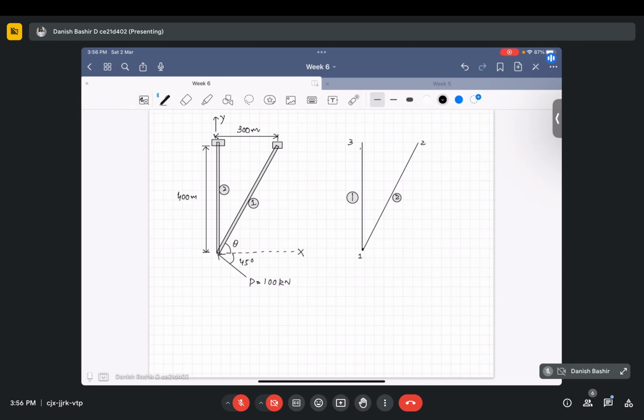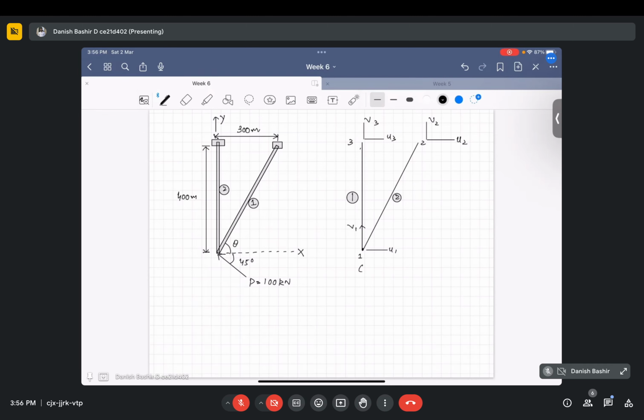So our global displacements will be like this. Here again it will be like this, as I showed you in the formulation. So it will be u2 v2, it will be u3 v3. Similarly it will be u1 v1. u1 from this side, and v1 from this side, and this is element 1 and element 2.